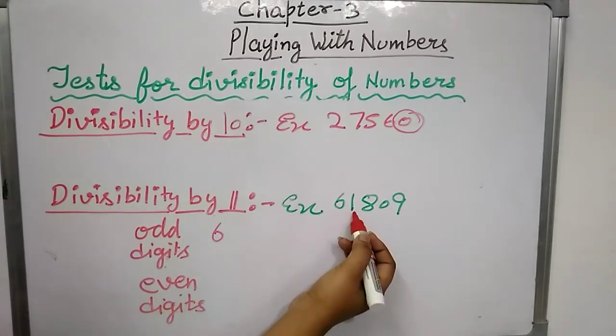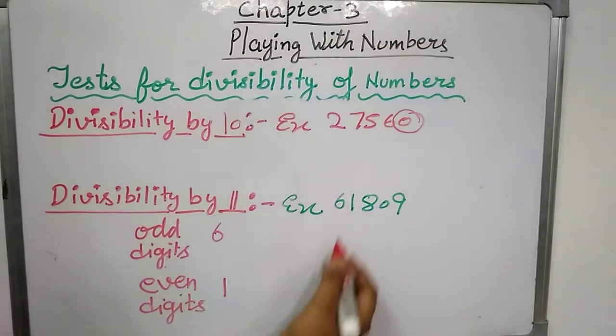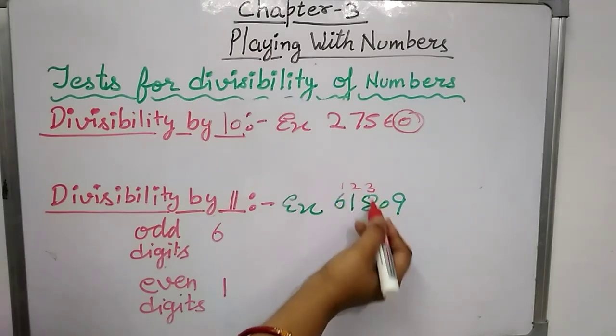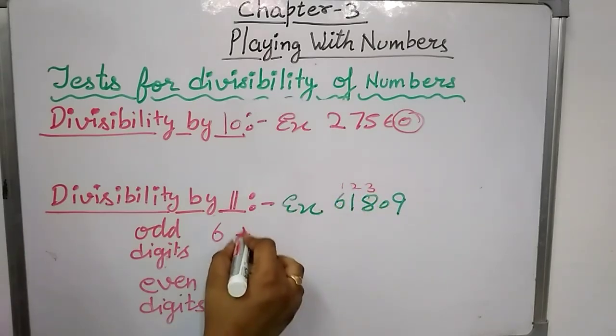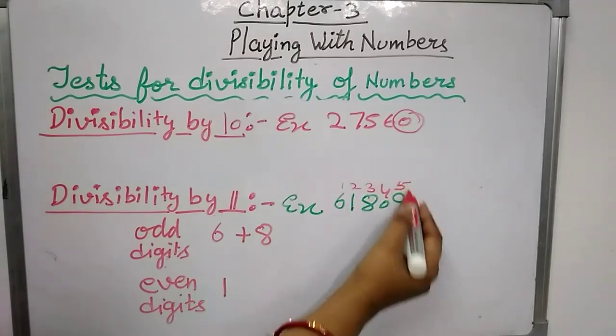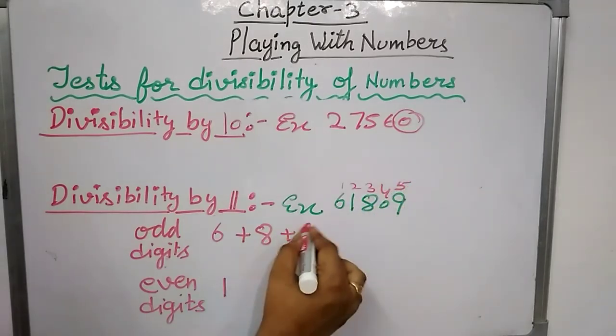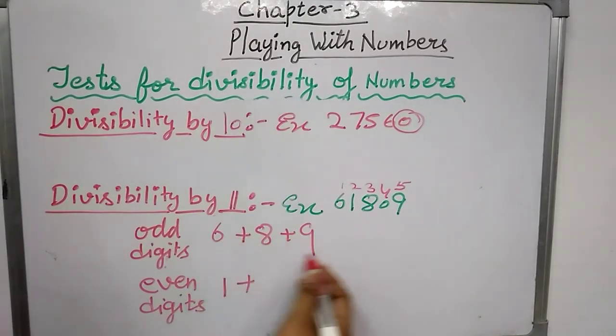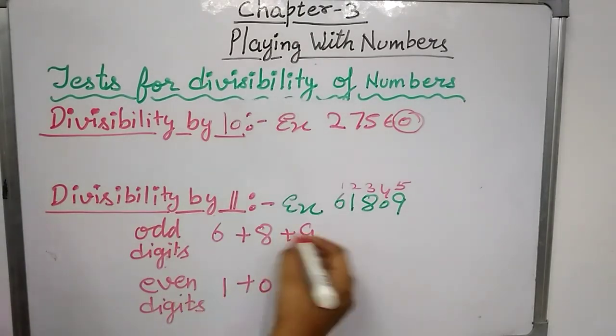1 is at second place, and second means even number, so 1 will come here. Then this 8 is at third place, which is odd, so it will come here. And then we have fifth position, that is for odd one. So this is 6 plus 8 plus 9. These are odd digits, and 1 plus 0. These are even digits.